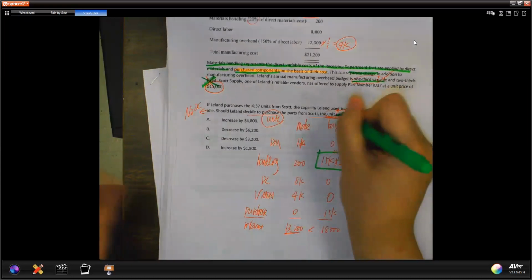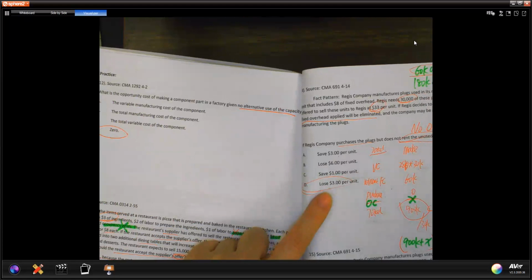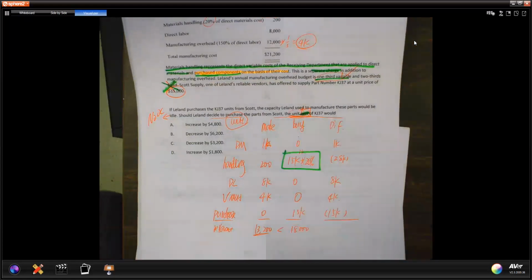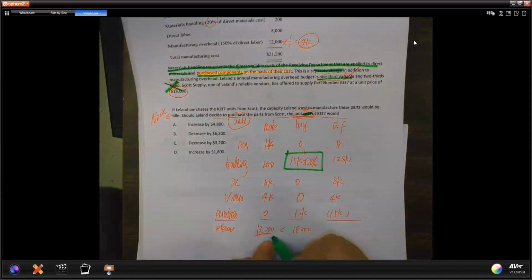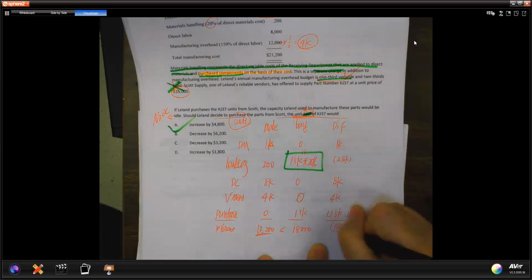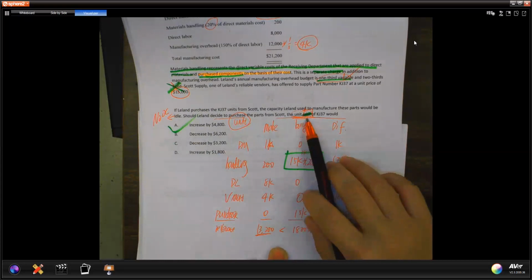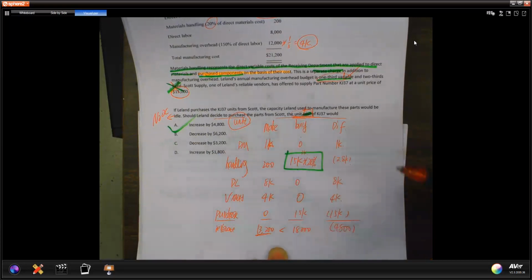Remember the other question said you will lose $3 for your income. But this question said, what will happen to your cost? Our cost will be increased by 4,800. Even if the question is what will happen to your income per unit, income will decrease by 4,800 if we purchase.